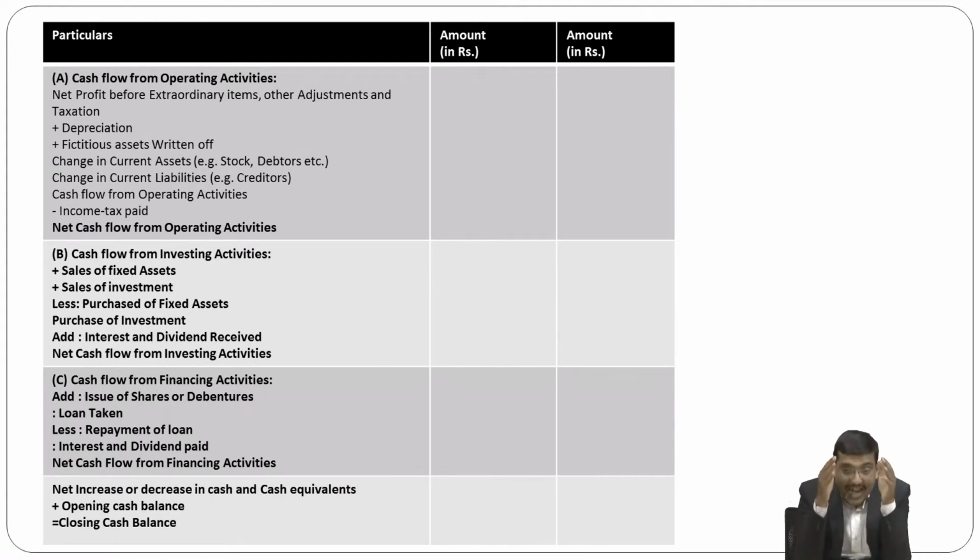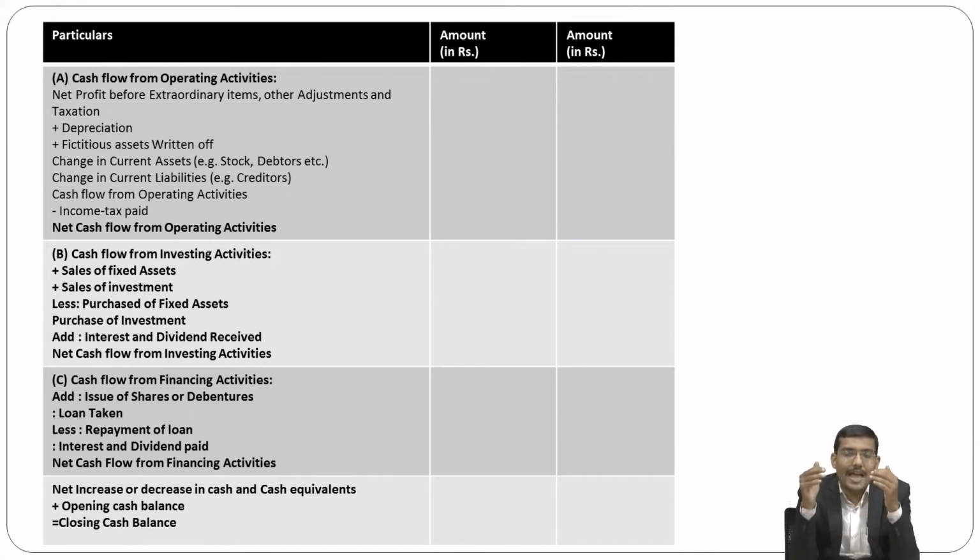After adding these three net cash flows, that is net cash flow from operating activity, investing activity, and financing activity, you define the net increase or decrease in cash or cash equivalents.